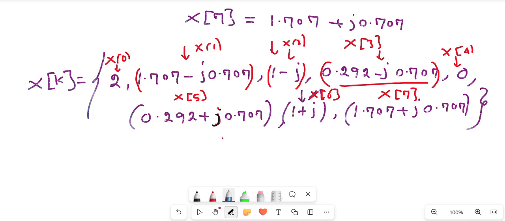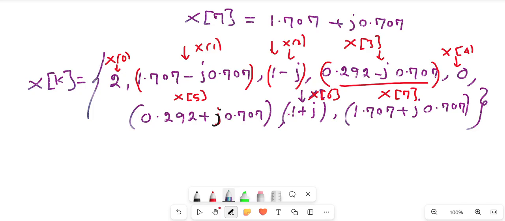Okay, so this is the direct computation of the DFT, which takes a large number of multiplications and additions. So you can use the periodicity property and the symmetry property to find the N-point DFT. With this we conclude the DFT computation.